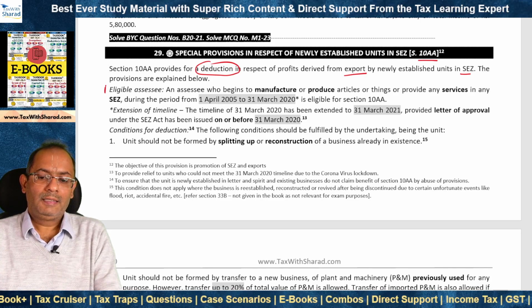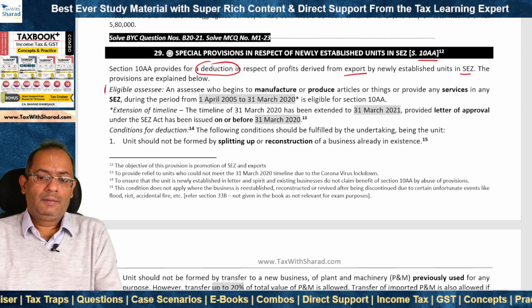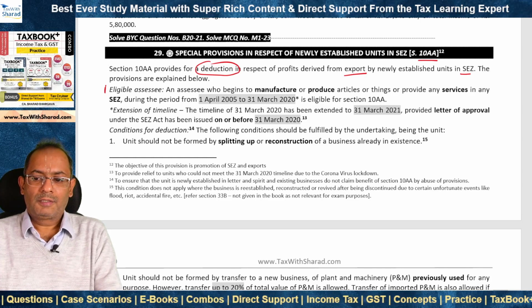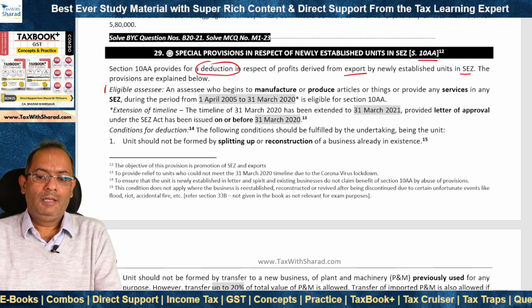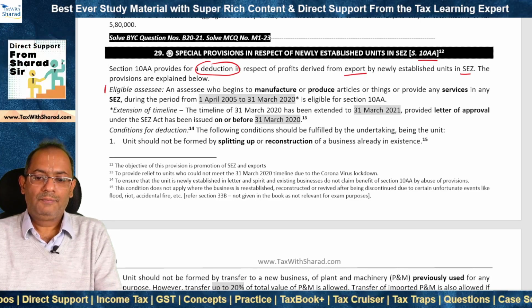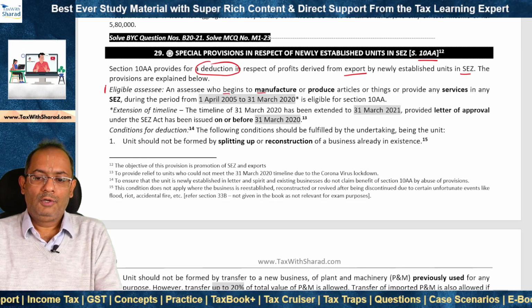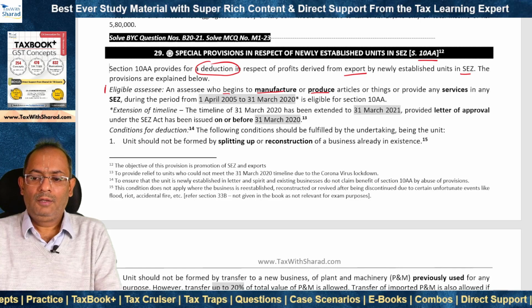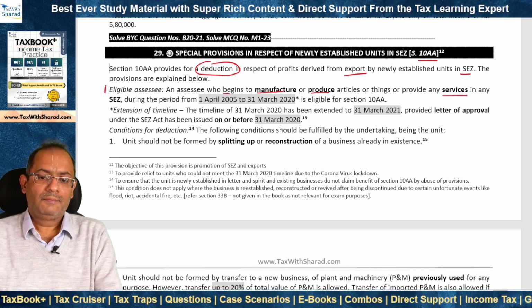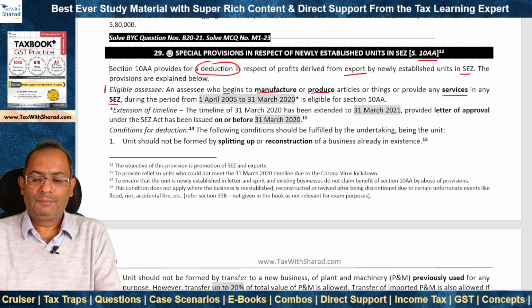Who is the eligible assessee? Who is the assessee which is covered under section 10AA? So section 10AA benefit is provided to an assessee who begins to manufacture or produce any article or thing or provide any services in any special economic zone.